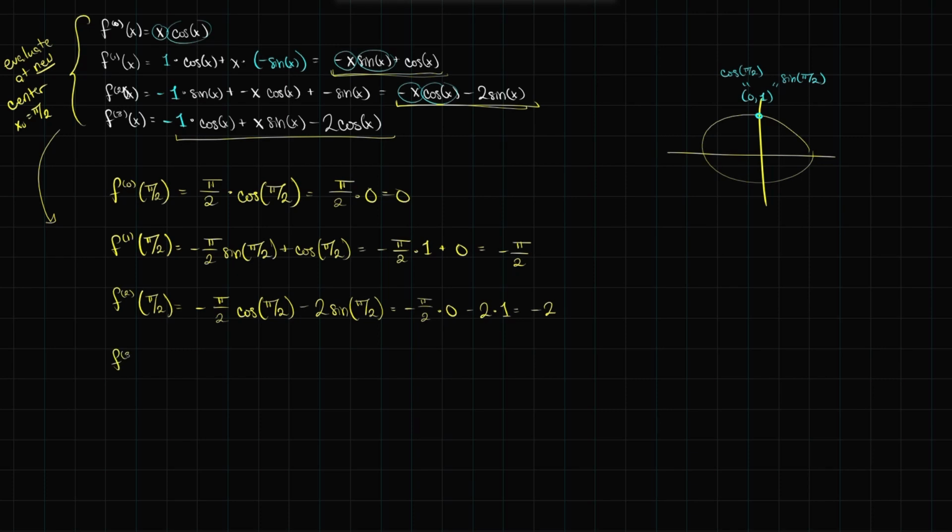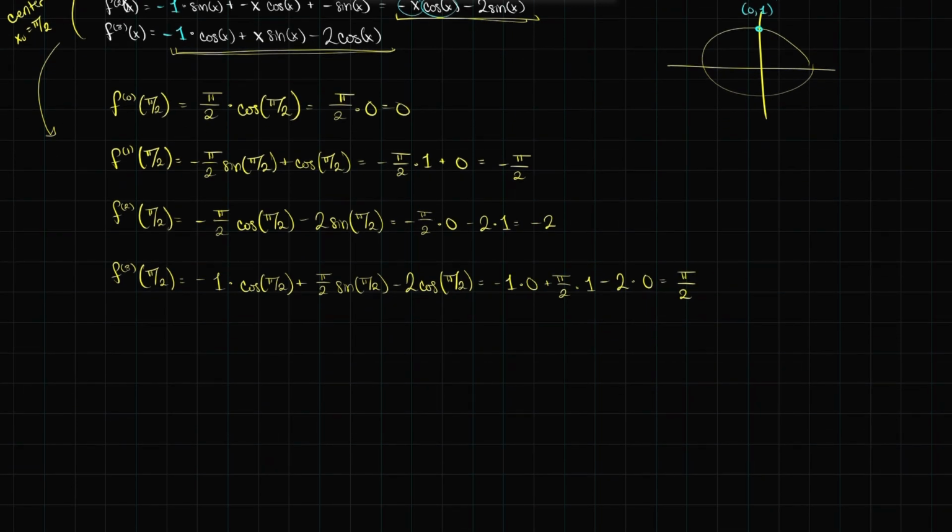And finally, the third derivative of f evaluated at pi over 2 will give me negative 1 cosine pi over 2 plus pi over 2 sine pi over 2 minus 2 cosine pi over 2, which is negative 1 times 0 plus pi over 2 times 1 minus 2 times 0, which is going to give me pi over 2. So these are now my 4 Taylor coefficients.